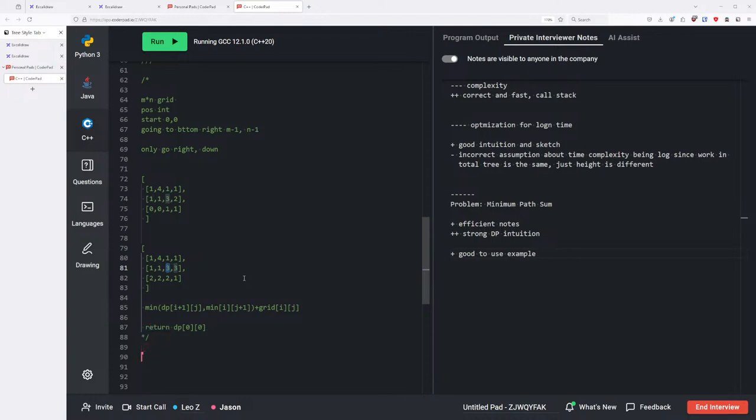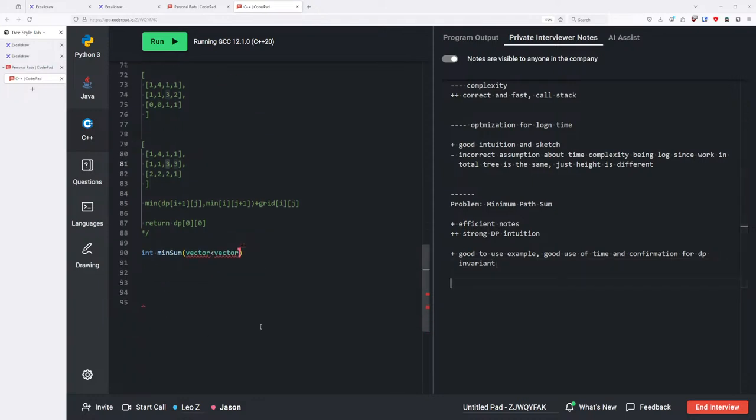So we have, let's see, let's say min sum. We're going to have a 2D grid of integers. And then I think that's just the function signature.